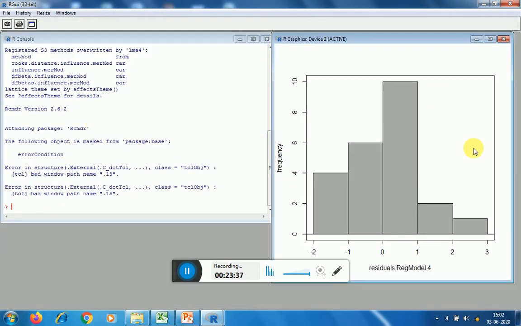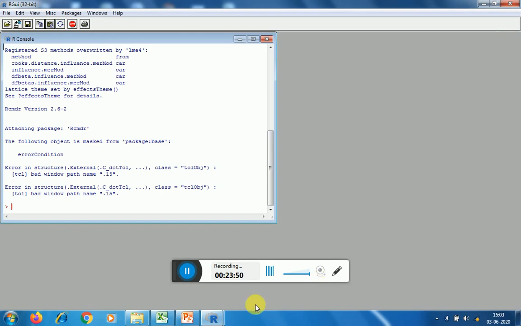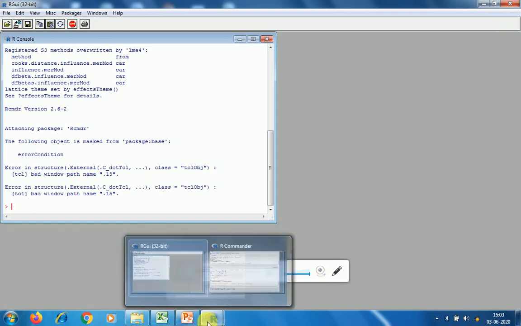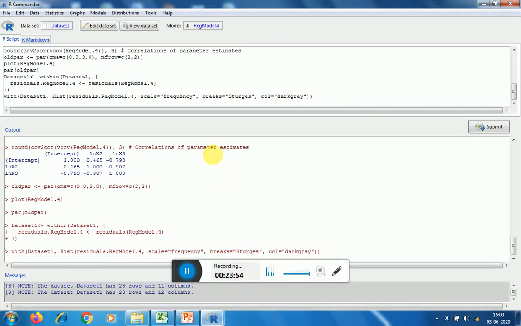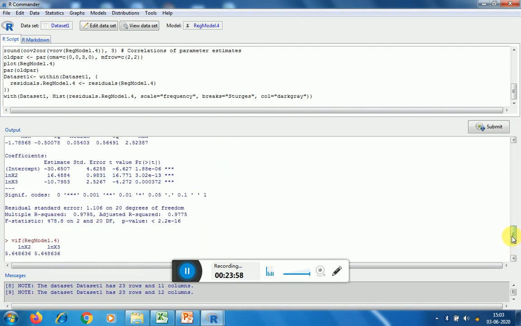So now here it is better than the previous one, right? Almost it seems like normal, but better than the previous one. A little bit of skewness still exists, but it is better than the previous one. So we can now proceed with this particular method.